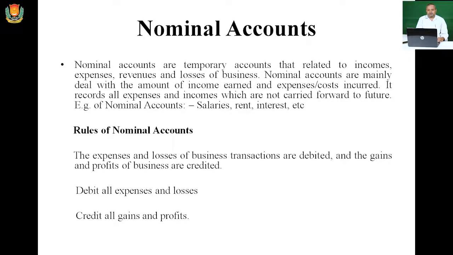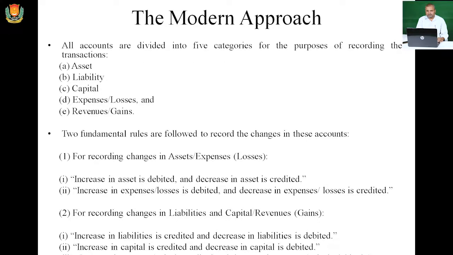This was developed by Luca Pacioli, the double entry system and rules of debiting and crediting. But the modern approach of maintaining records has divided the accounts into 5 categories.